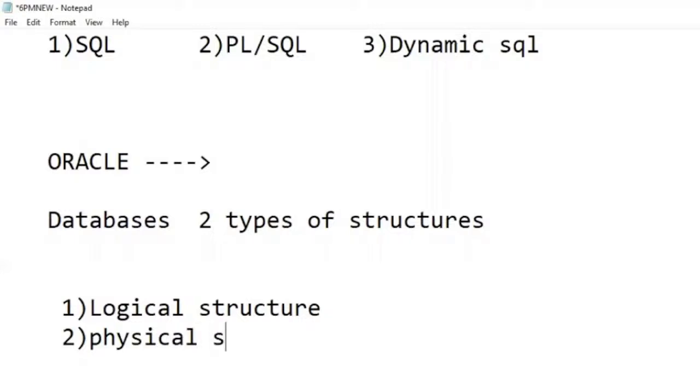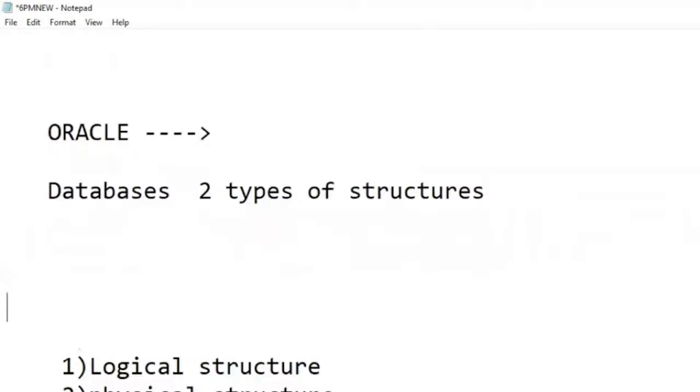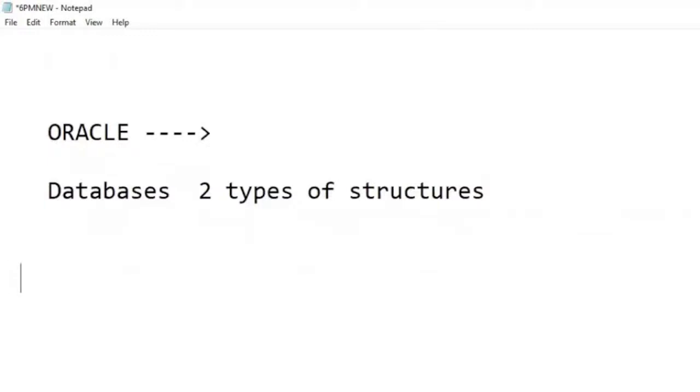Before we go into what the logical and physical structures are in these database softwares, consider the database definition in books, which many people write like this. Today at least you will understand it.